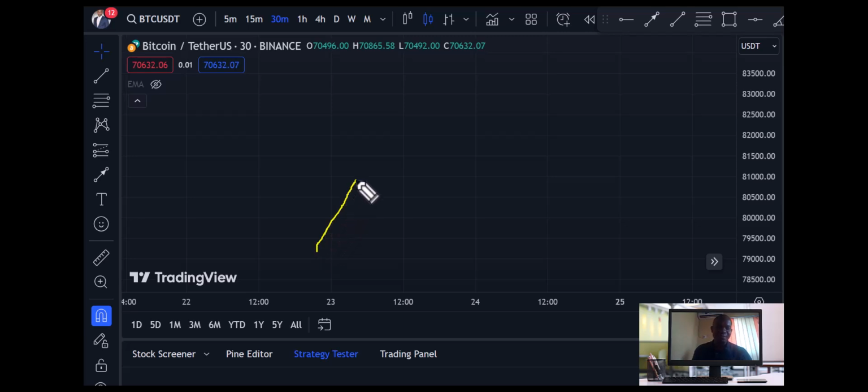Once the market makes an impulse and a correction, another impulse, and a correction, another impulse, your job as a trader is to identify this first impulse and draw your Fib from this point to this point. Wait for this retracement to happen and take a trade from this point, and expect this ride. Also draw a Fib from this level to this level, wait for this retracement and take this trade.